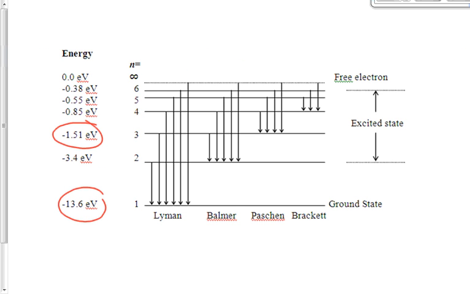Let's go back here just for a second. In order to go from 1 to 2, we need to absorb, what is that going to be, 10.2? In order to go from 1 to 3, we need to absorb, what do we say, 12.09? And so on. The number keeps getting bigger, right?